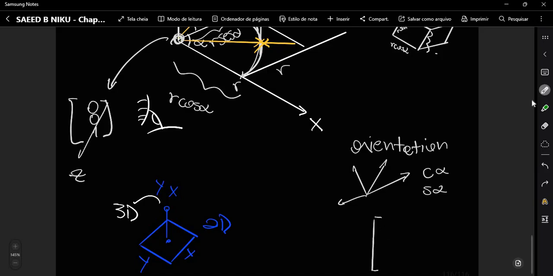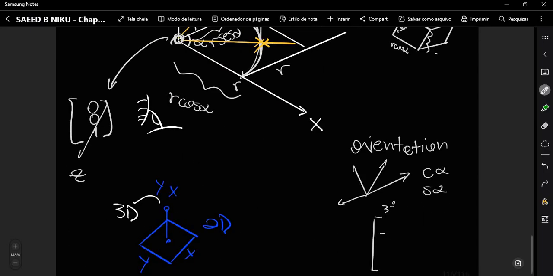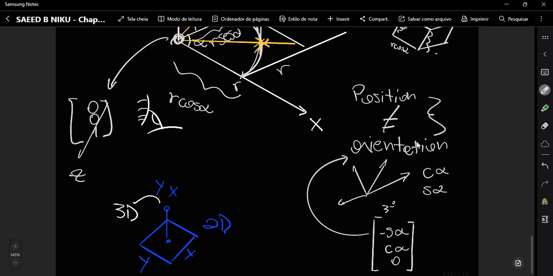So this third column, cosine of alpha, minus sine of alpha, minus sine of alpha, cosine of alpha, in 0, is the orientation, which is different from position, and the localization is both together, a composition of those two parameters, position and orientation.